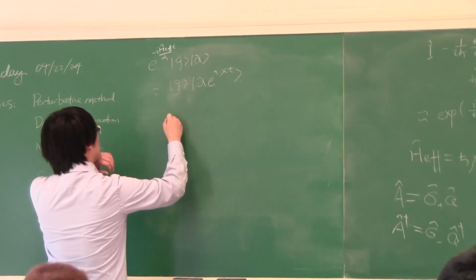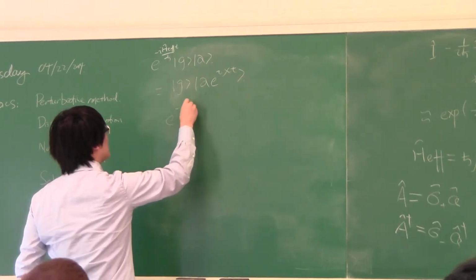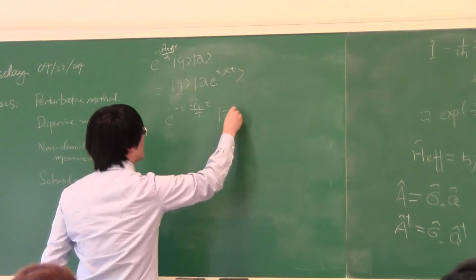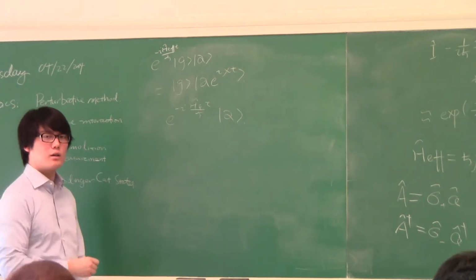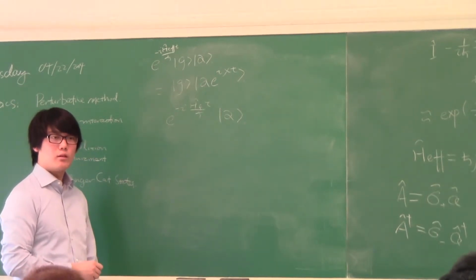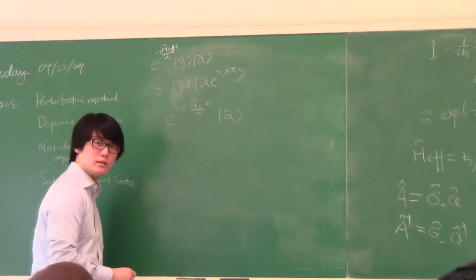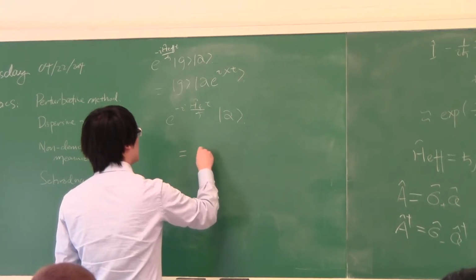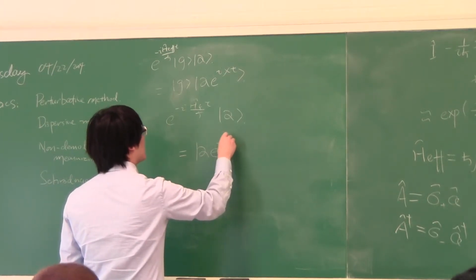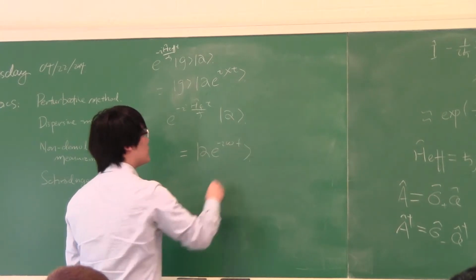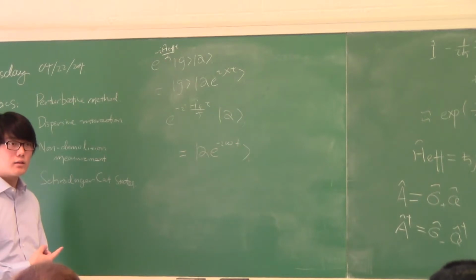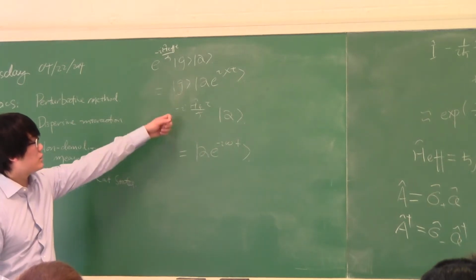Remember that for the free field, e to the minus i H field t over h bar, when this operates on alpha, I believe this was on your take-home exam, what happens? We replace alpha by alpha e to the minus i omega t. Now in this effective Hamiltonian, our omega is just chi, and the ground state helps you get rid of this minus sign. So this is what you get.